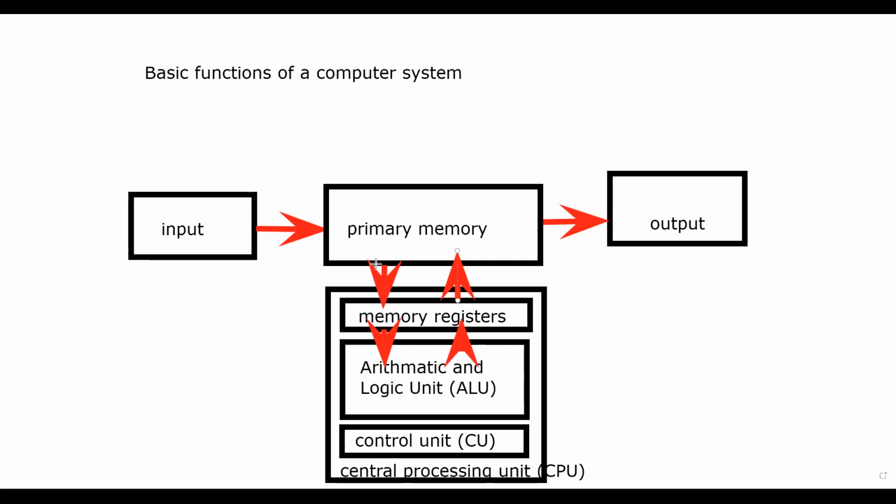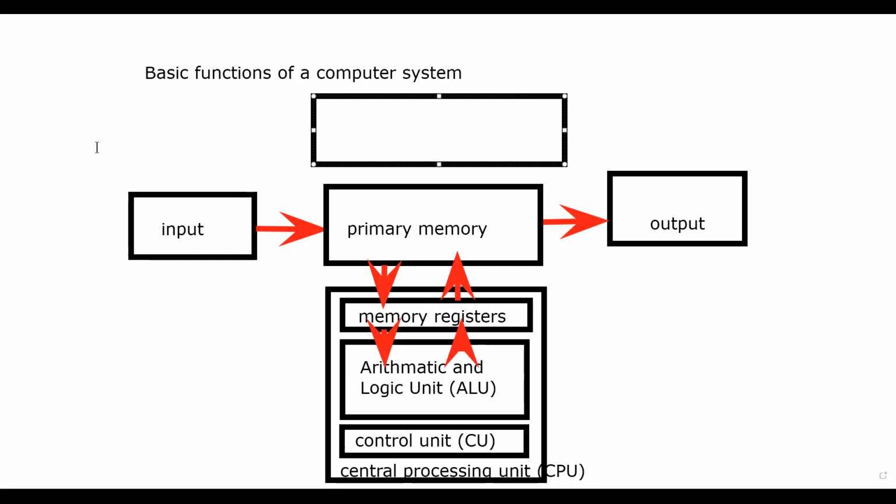And sometimes you want to save this. Yes, you perform the calculation, you have to save. Now to save, you have to use secondary memory or secondary storage. Let's say secondary memory. If you want to save it, then you can go from primary memory to secondary memory and secondary memory to primary memory. So you can go on saving like this.